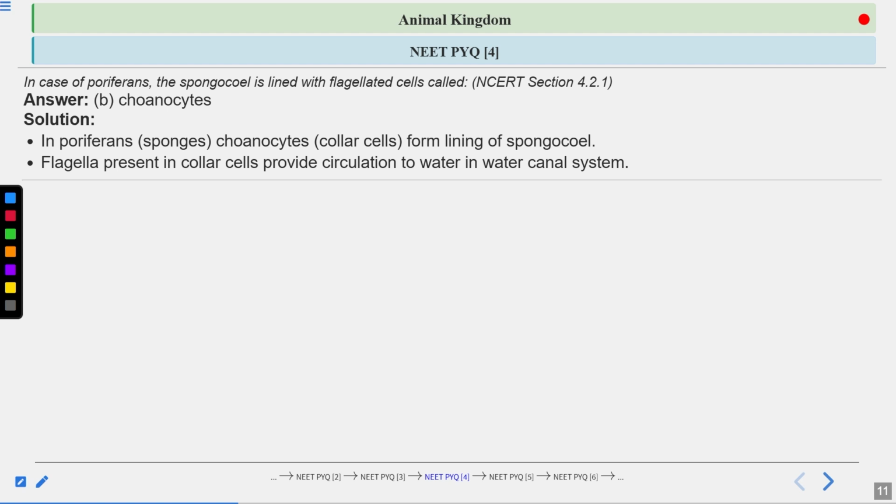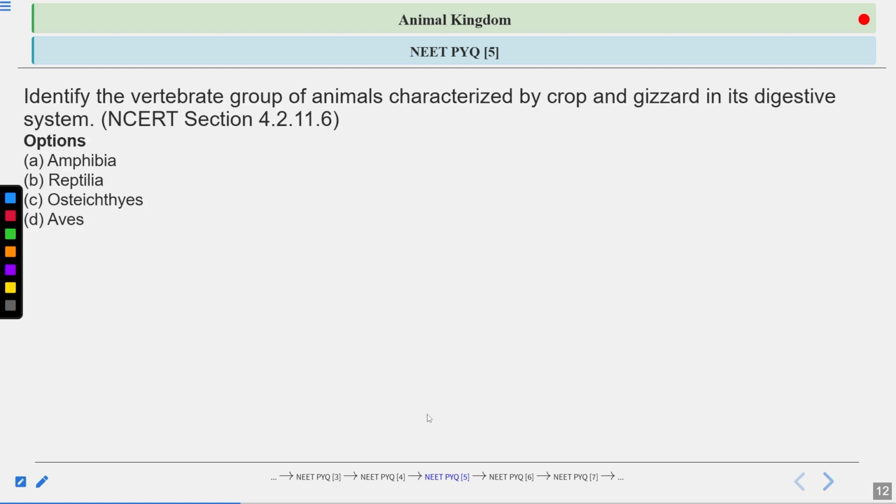Okay, let's move to our next question. Next question is, identify the vertebrate group of animals characterized by the crop and gizzard in its digestive system.